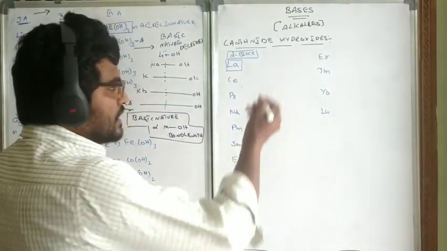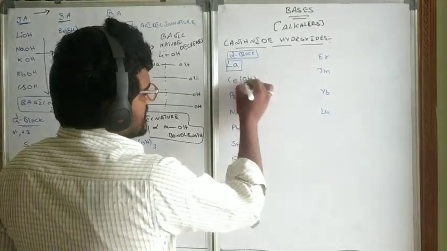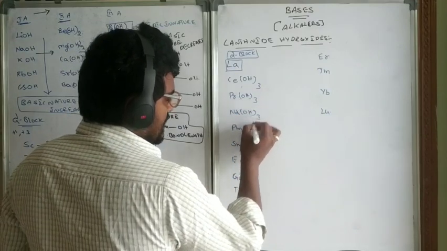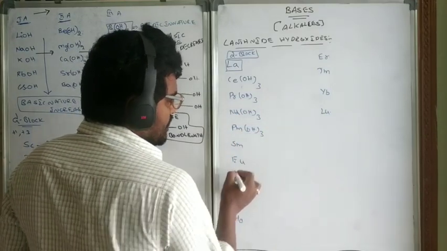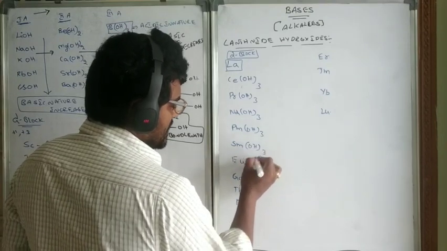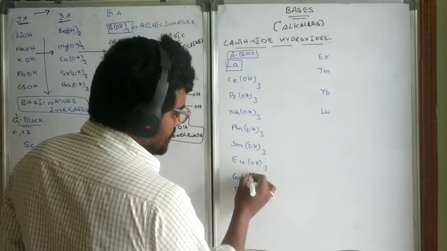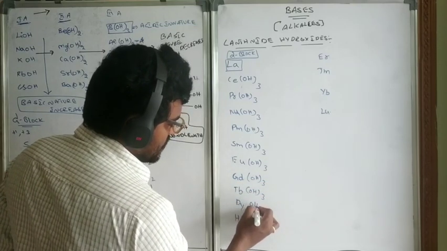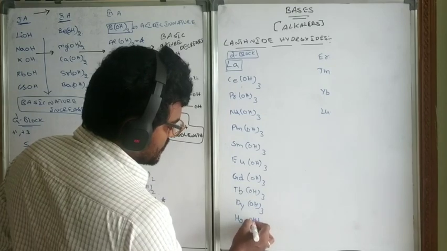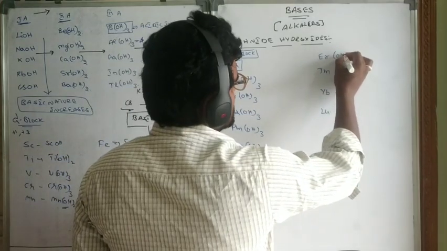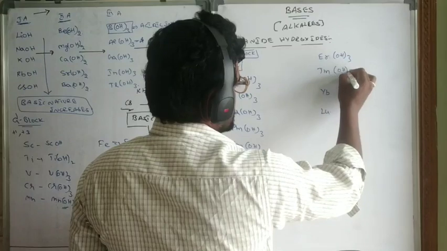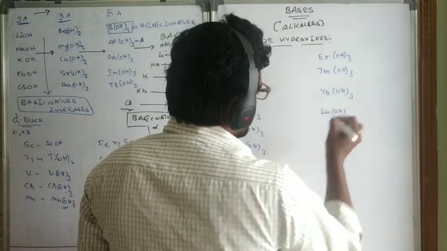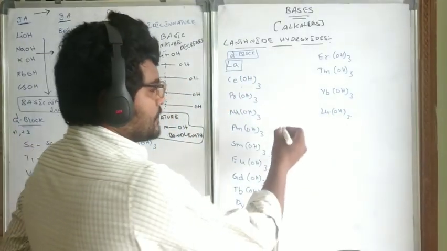If you see, the hydroxides of them are cerium hydroxide, praseodymium hydroxide, neodymium hydroxide, promethium hydroxide, samarium hydroxide, europium hydroxide, gadolinium hydroxide, terbium hydroxide, dysprosium hydroxide, holmium hydroxide, erbium hydroxide, thulium hydroxide, ytterbium hydroxide, and then lutetium hydroxide.